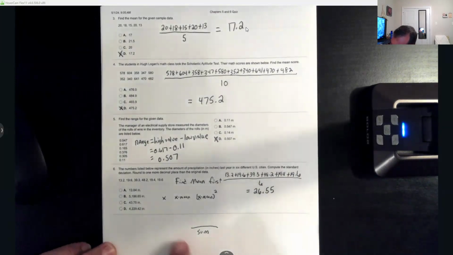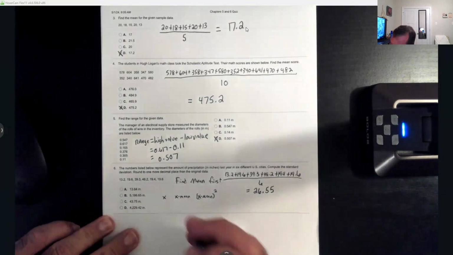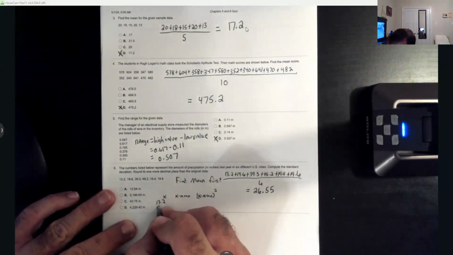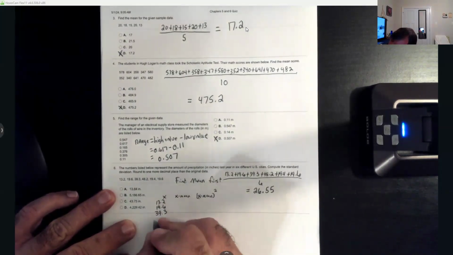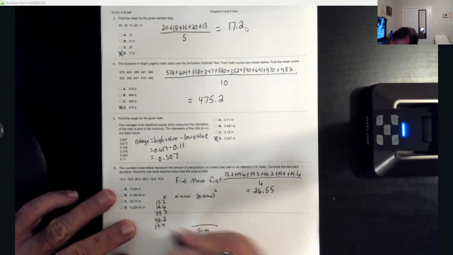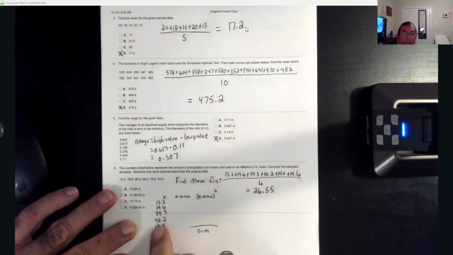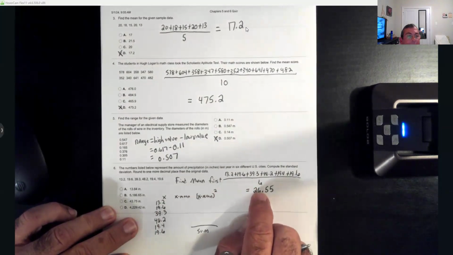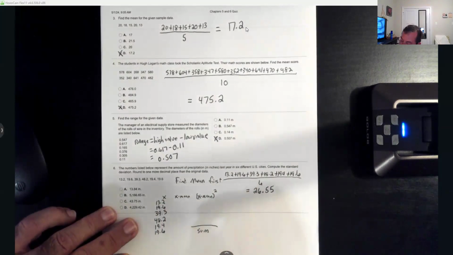So now, we're going to put each of these values as our X. So I got 13.2, 19.6, 39.3, 48.2, 19.4, and 19.6. I'm going to take each of these points and subtract my mean. That's going to give me the second column, okay?